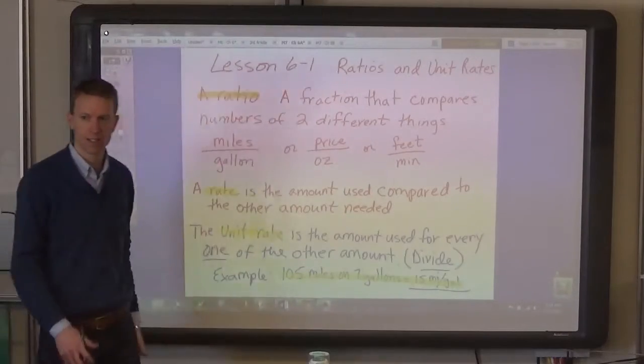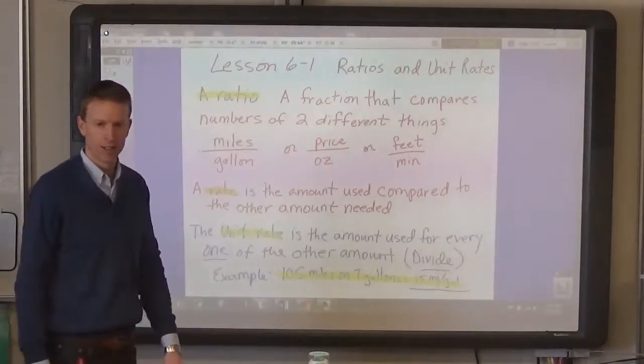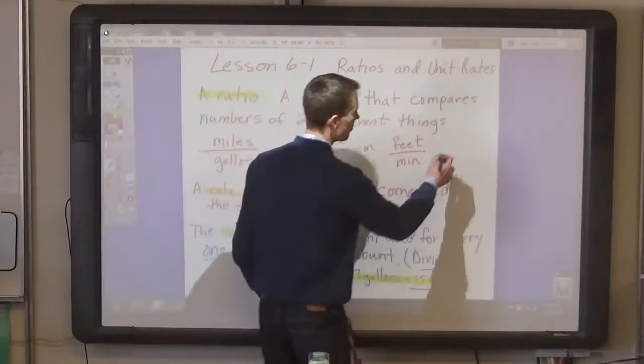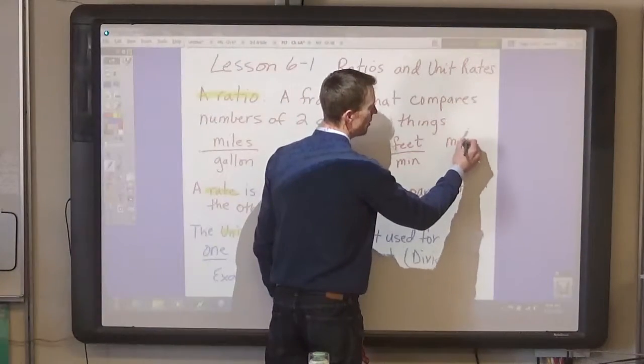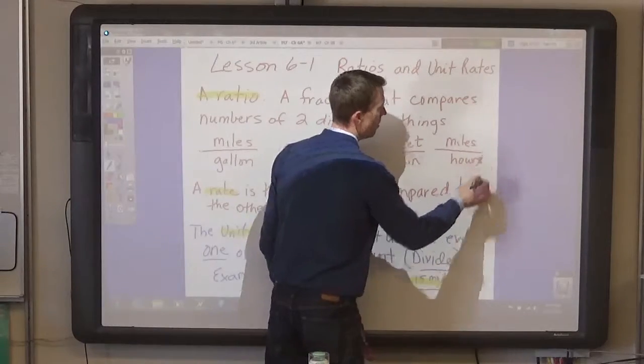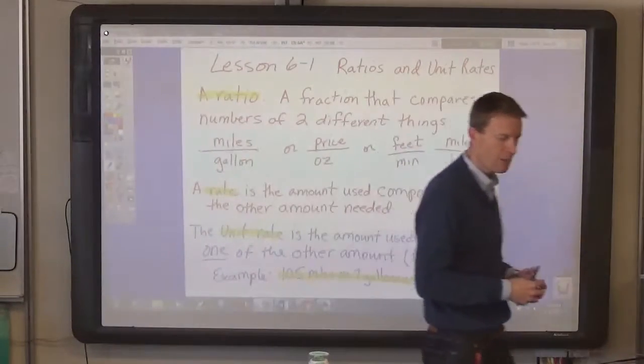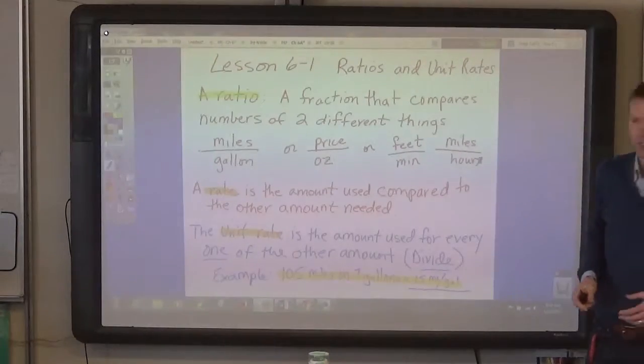That's the rate. A common rate is miles per hour, isn't it? Miles over hours. That's a rate we understand because it's a speed. We measure speed in miles per hour.